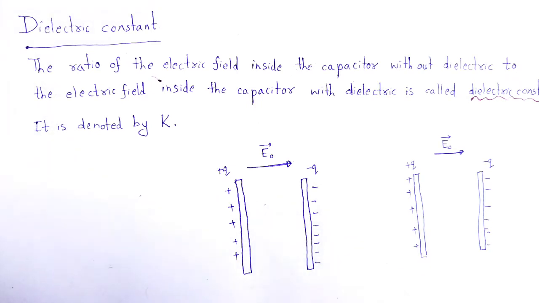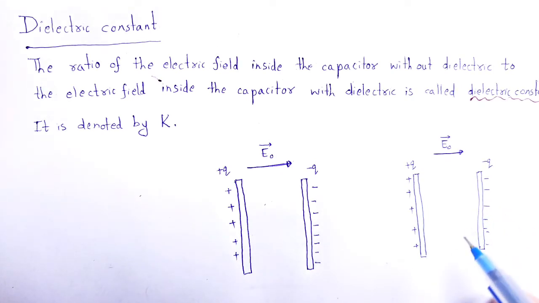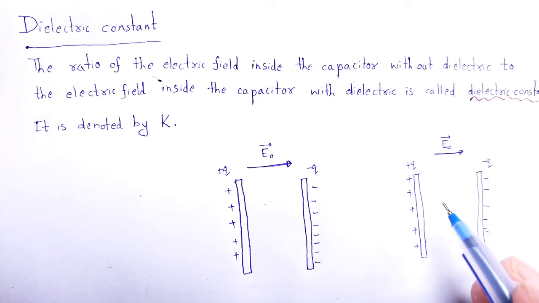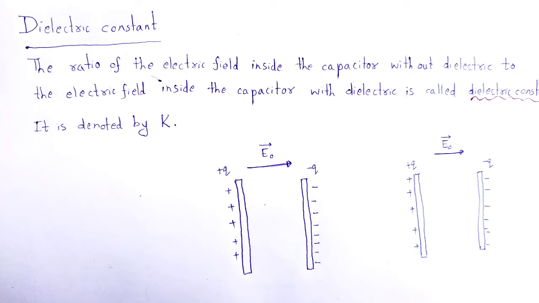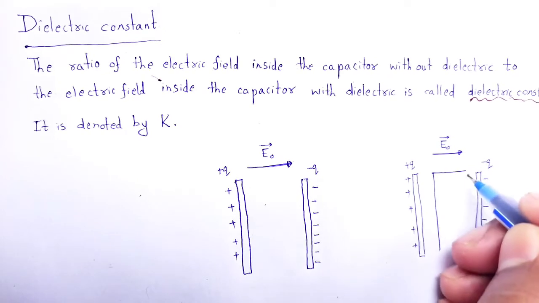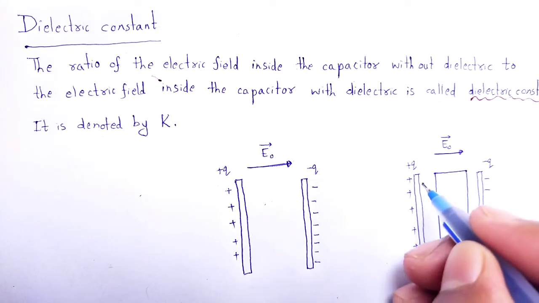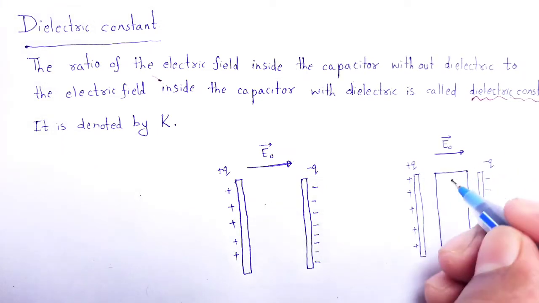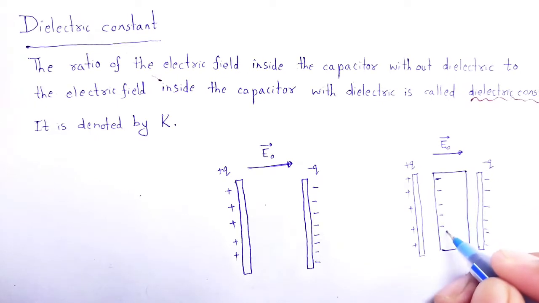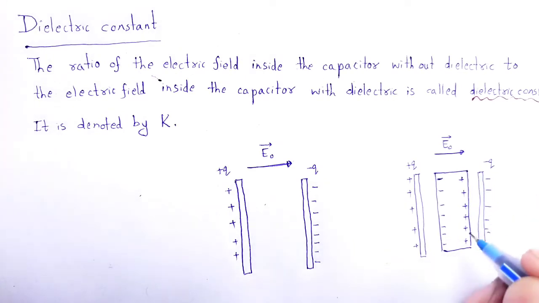Now introduce a dielectric slab between the plates of one capacitor, and that dielectric gets polarized. Here we take a dielectric slab. According to the concept of polarization, the dielectric is polarized, with negative charge at one end and positive charge at the other end generated.